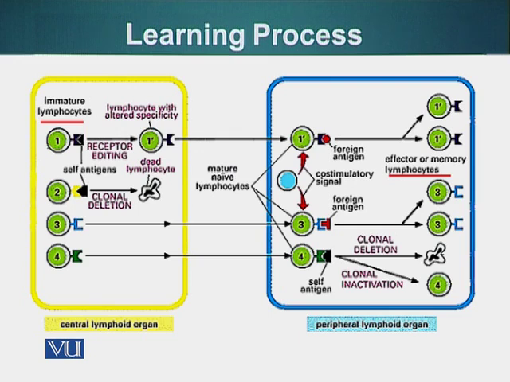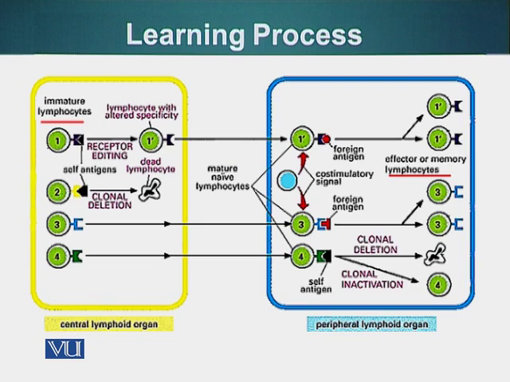Only those B cells which are unable to recognize self antigens, self proteins, or self molecules will be allowed to survive. Other B cells will go through either clonal deletion or clonal inactivation, as you can see in this case. So here we have how our immune system is learning not to attack self molecules by a learning process.